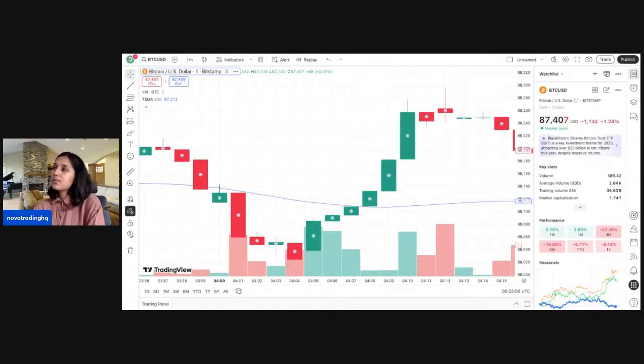It's a very small-bodied green candle. So what happened here is the market tried to print indecision because buyers and sellers roughly matched, right? So it is telling us that the down move is no longer one-sided.